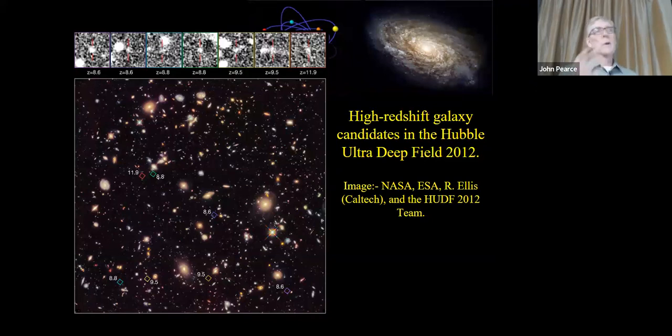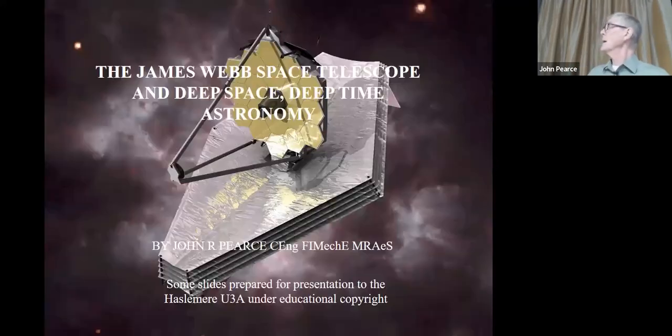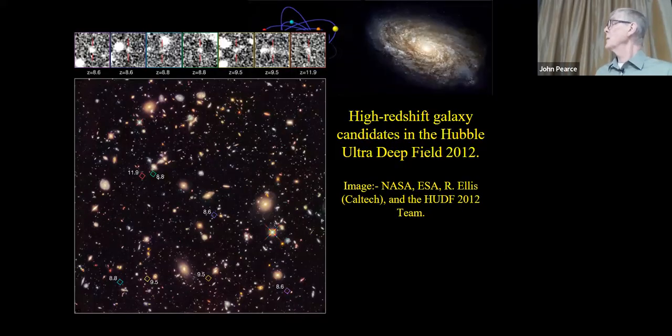We did say that we'd start off with the Hubble telescope images, which show you one of the deepest parts of space that was seen by Hubble. This is one of the images, and you can see marked on the picture various coloured squares. They're very difficult to see, but you can see them as little diamonds, and at the top are those diamonds expanded up.